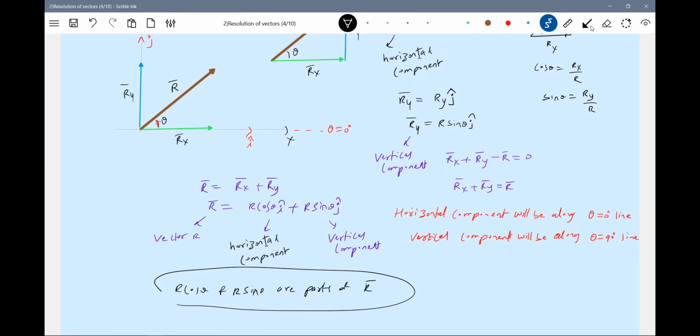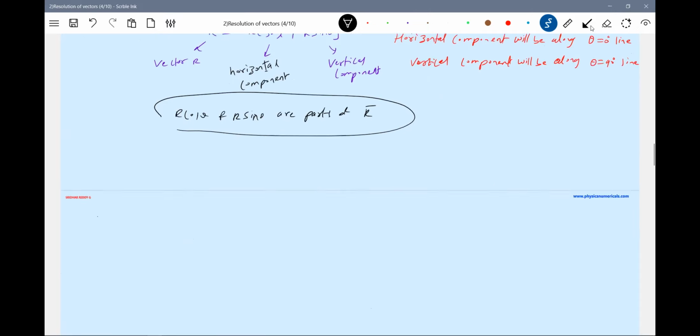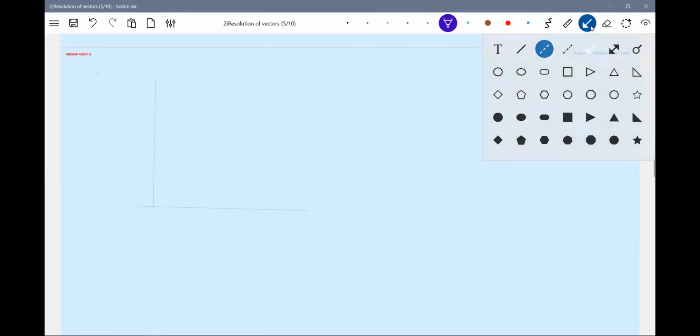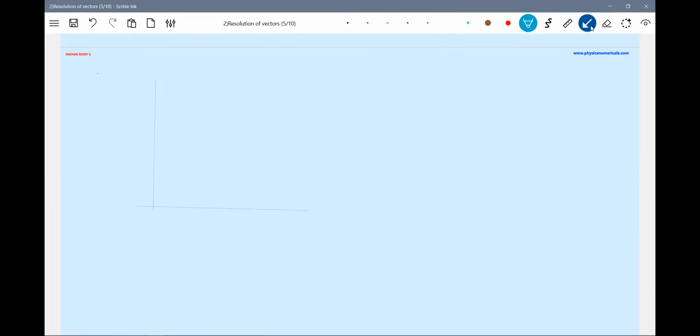Now, if there's a vector, we'll go back to the questions which were asked earlier. We have to answer all of them. Now there's a vector which is directed along this direction, say vector A bar, which is making an angle of 30 degrees.